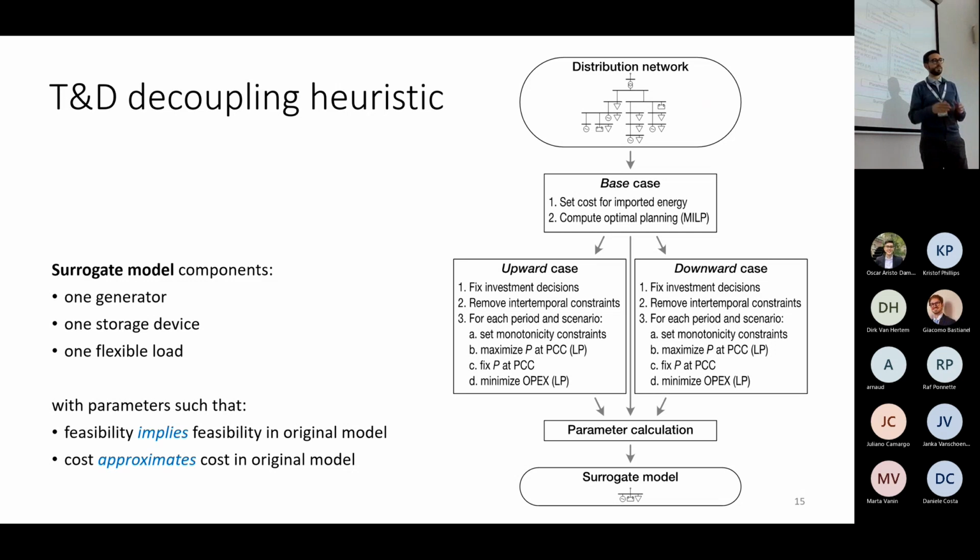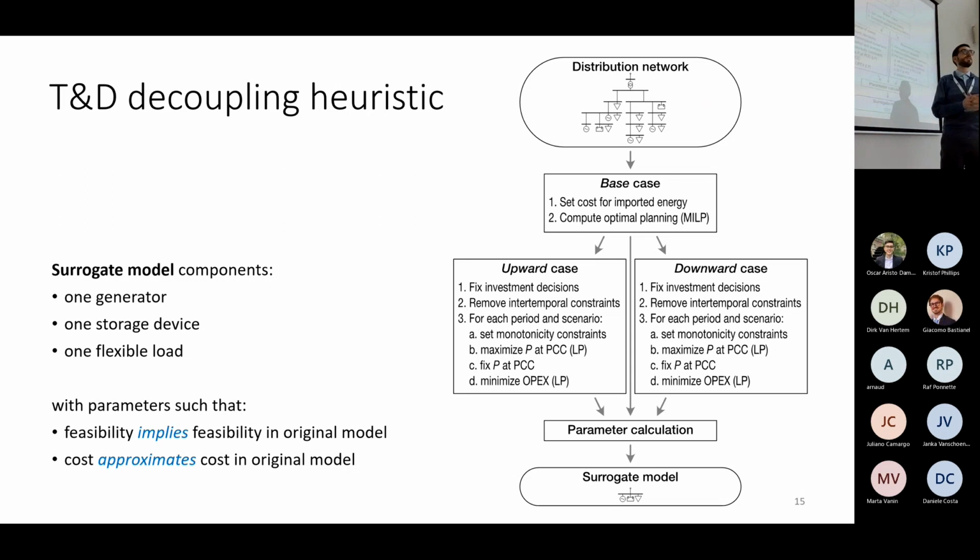We wanted to have these two extreme points in order to compute the parameters of the surrogate model, which is composed of one generator, one storage device, and one flexible load. So it's quite simple. And these parameters are computed in a way that feasibility in the surrogate model implies feasibility in the original model.